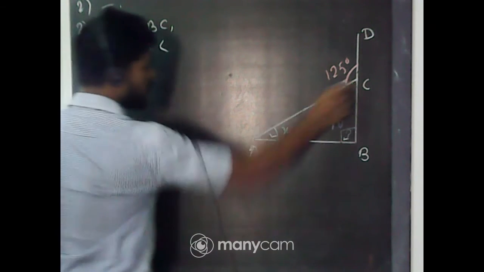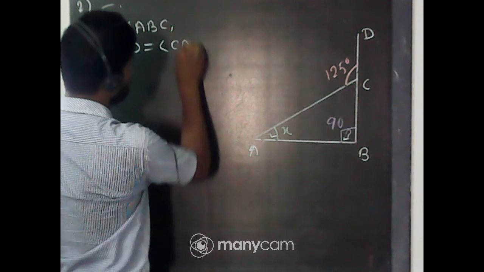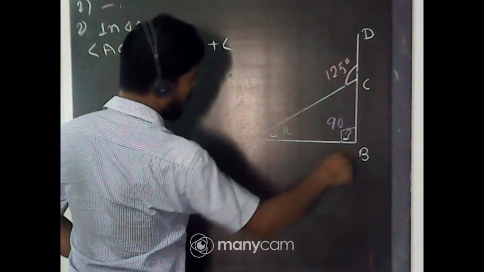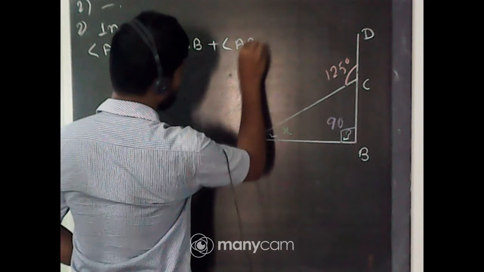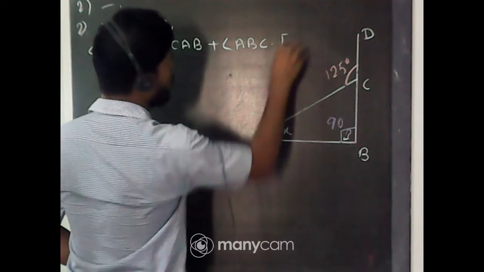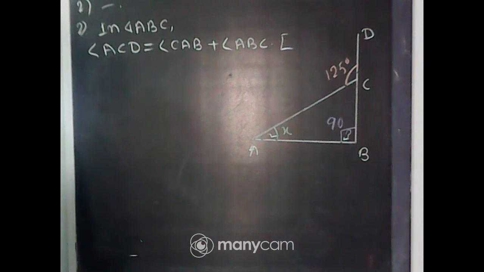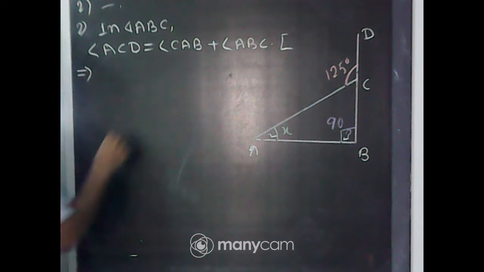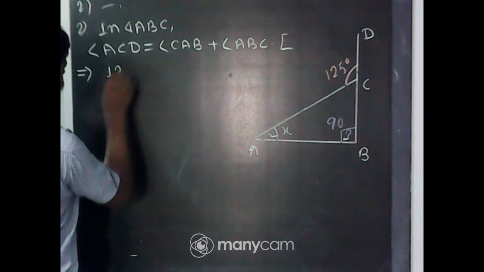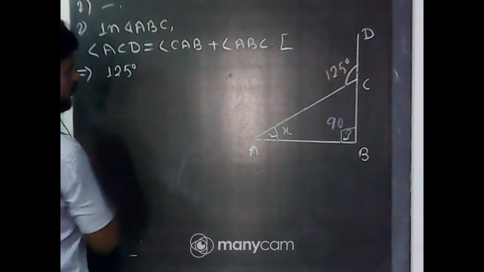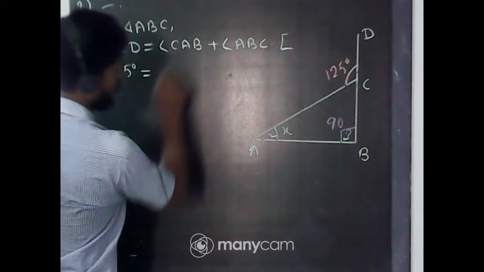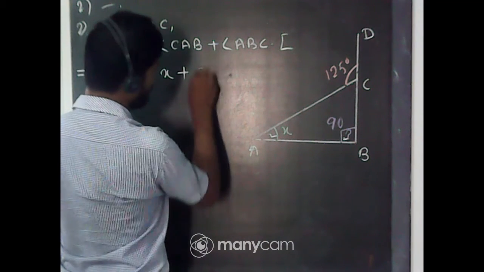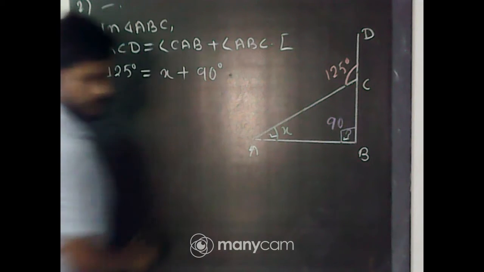One angle is CAB plus another angle is ABC, and within the bracket we'll write from exterior angle property. That means the value of ACD is 125 degree, equal to the value of CAB, which is x, plus the value of ABC, which is 90 degree.